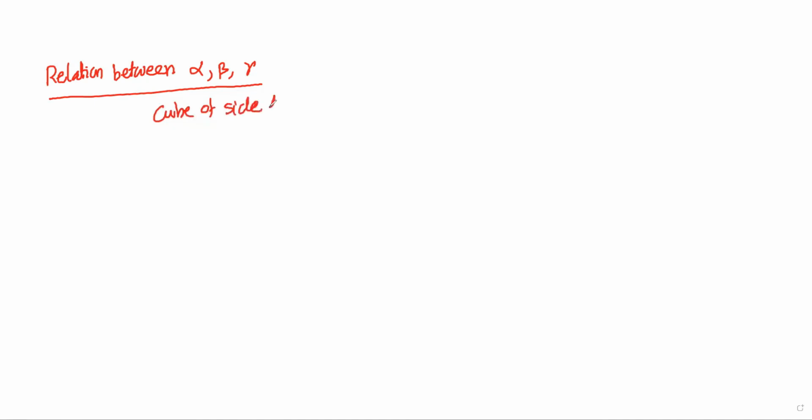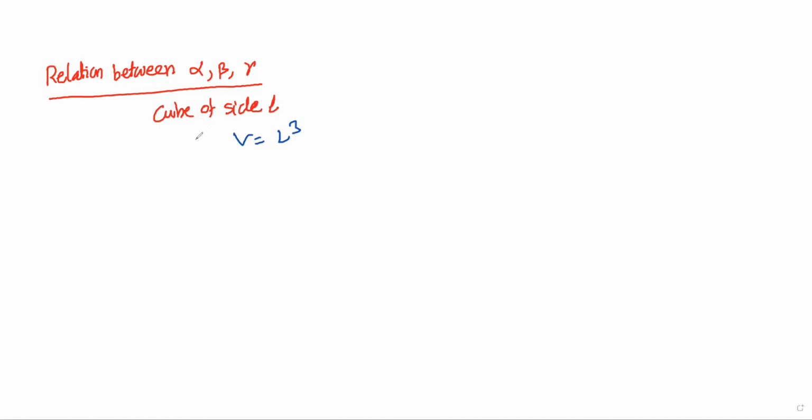Next concept is the relation between alpha, beta, gamma: linear expansion, superficial expansion, as well as cubical expansion. What is the relation between these three? Let's consider a cube of side L. The volume V is equal to L cube.